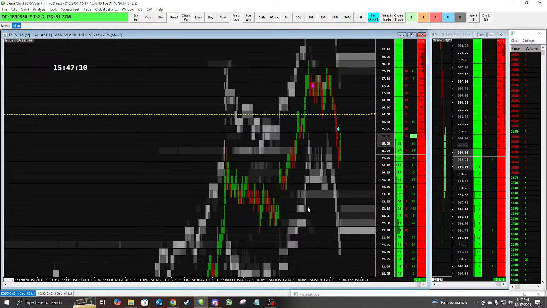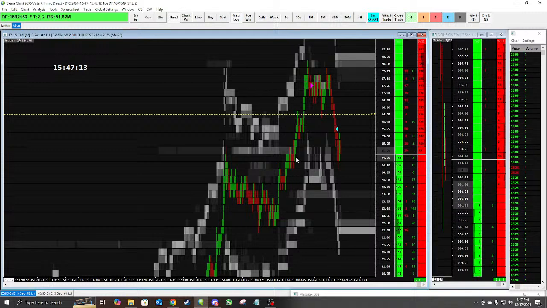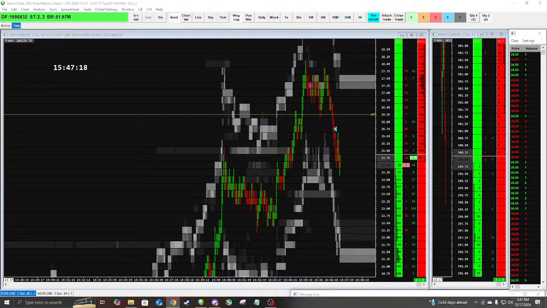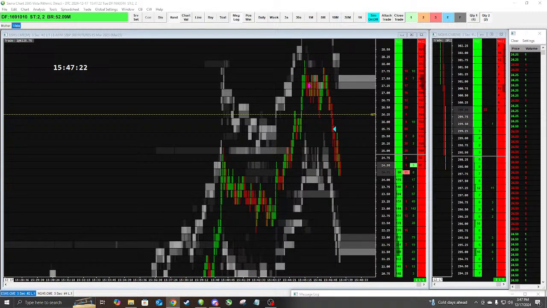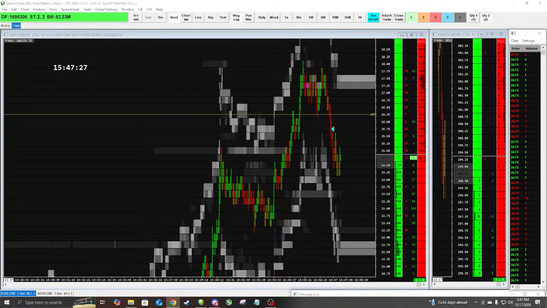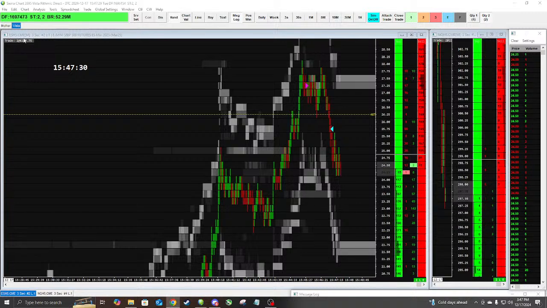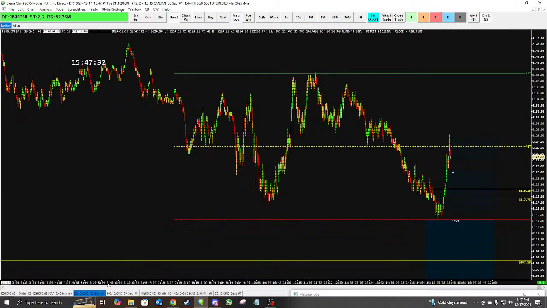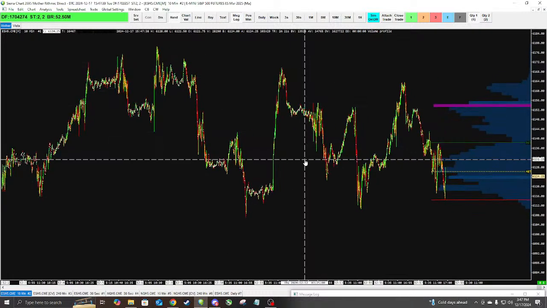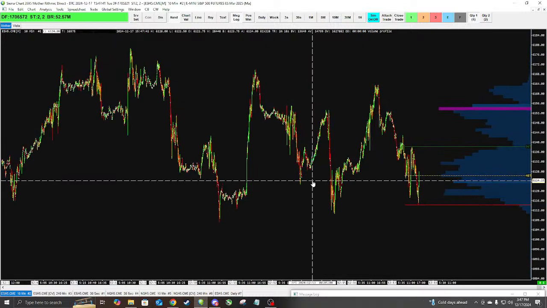I don't know how big that win percent is. I need to filter it and see what my sample size is on that. It's usually a scalp. So there could be a short here, but it's usually going to be a scalp.